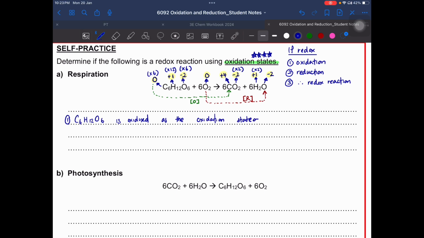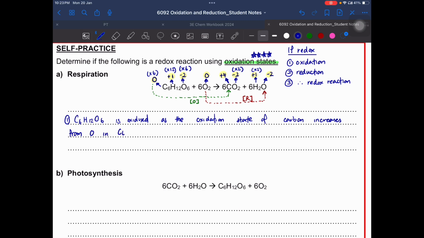The oxidation state of carbon, we talk about the change, which is in this case increases. And we talk about before and after. So from 0 in which chemical? In the glucose, to +4 in which chemical, which is the CO2. So this is to explain about the oxidation happening.